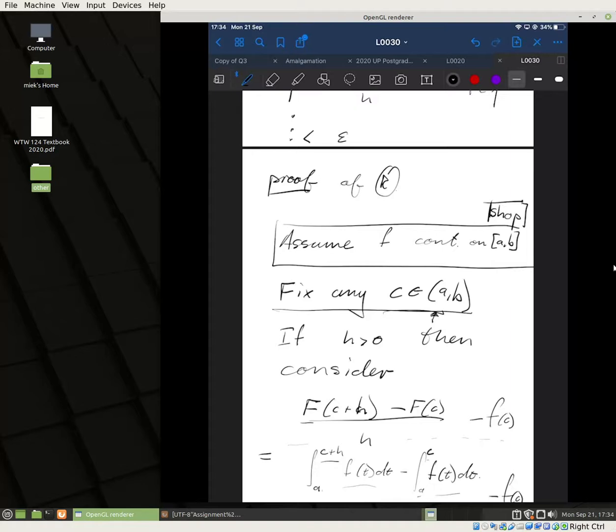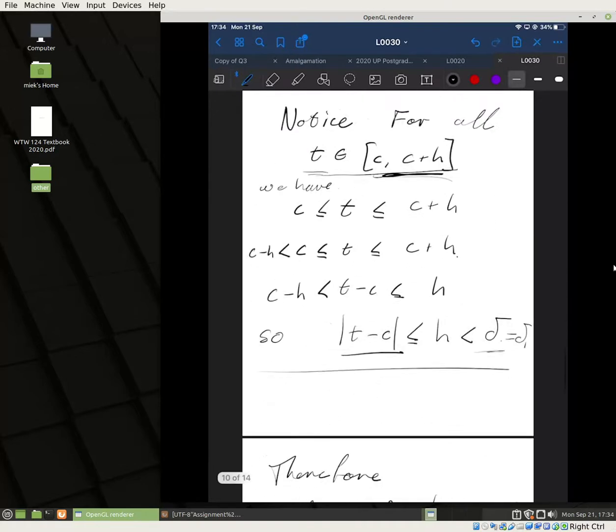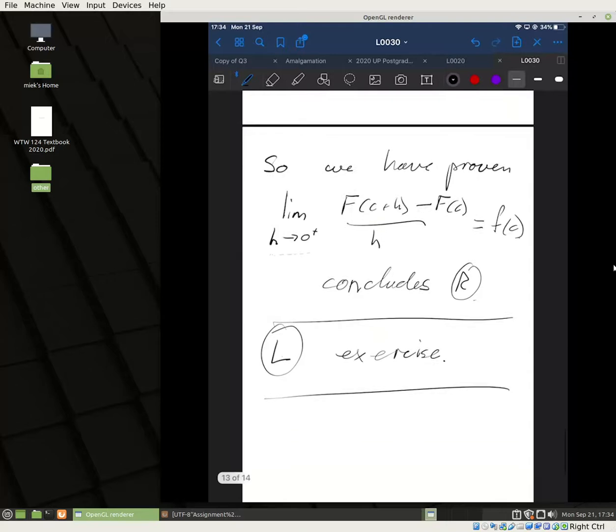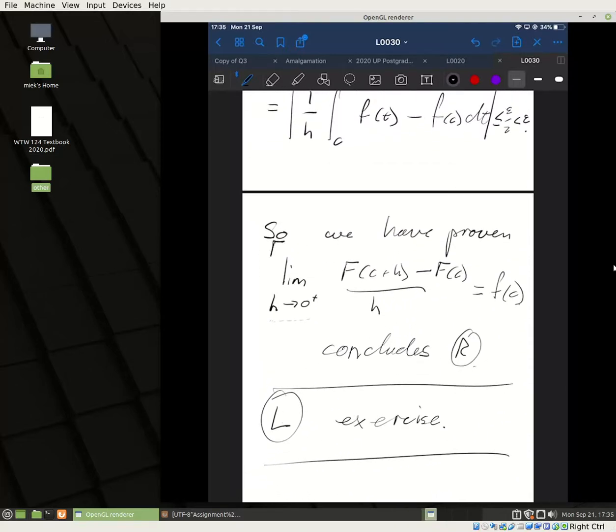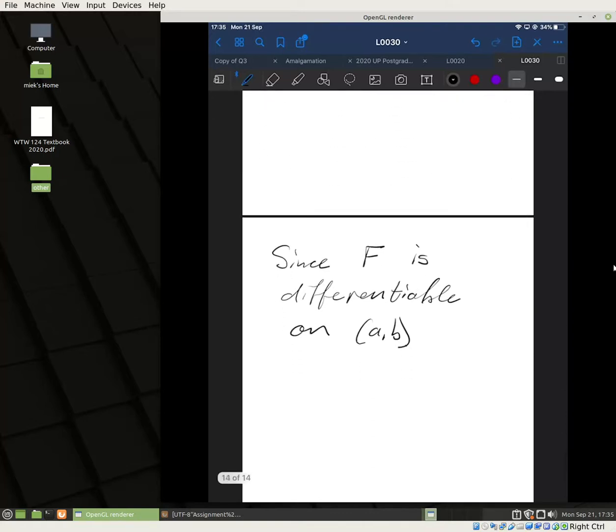So this proof works for any c. So let's add here to our proof. We have now proven for any c in our open interval that this limit exists and is equal to little f of c. And since f is differentiable on the open interval AB, it is also continuous. So f is continuous on AB.